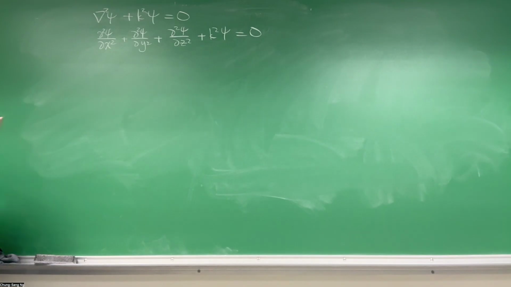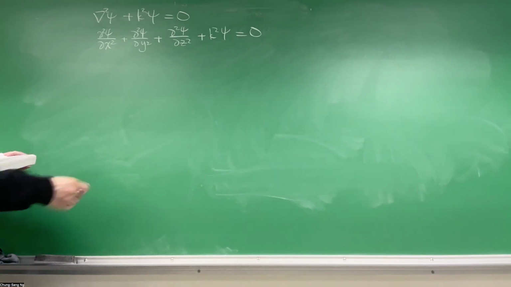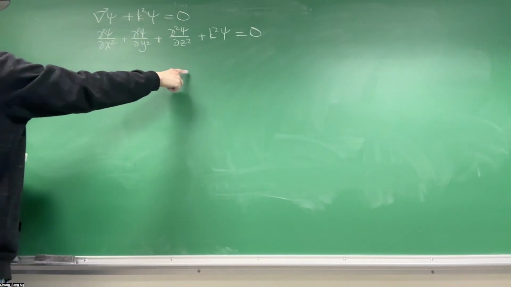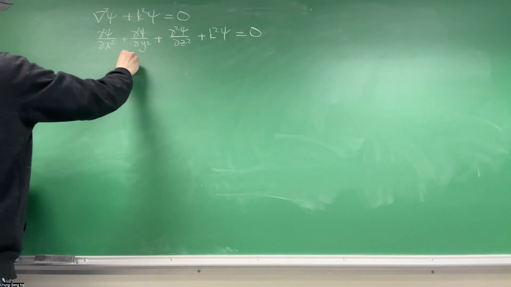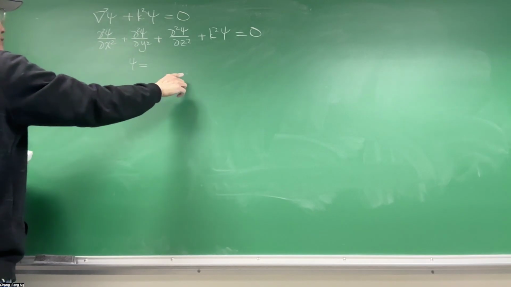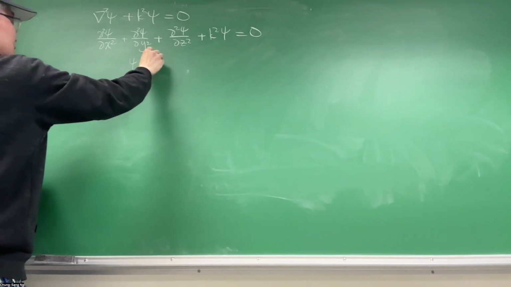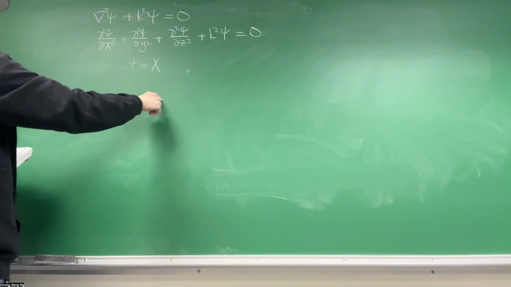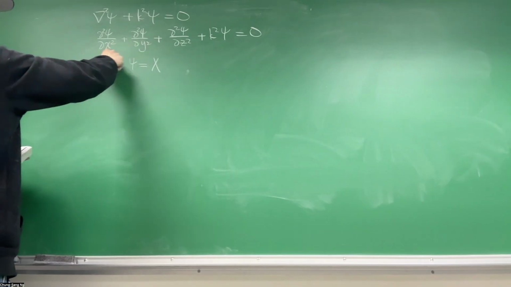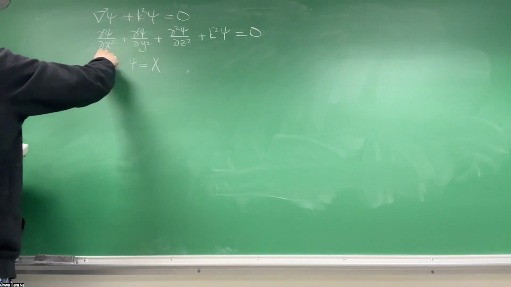All right, the idea of separation of variables is to find a solution where psi equals a product of three factors, each a function of the respective coordinate variable.